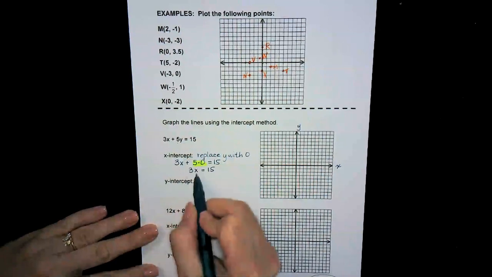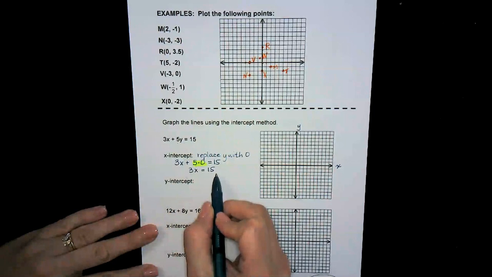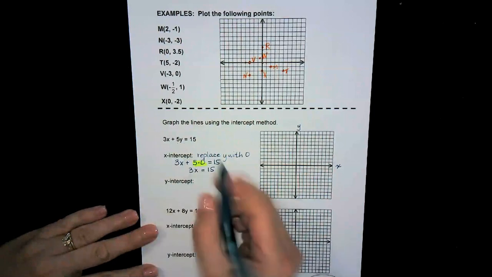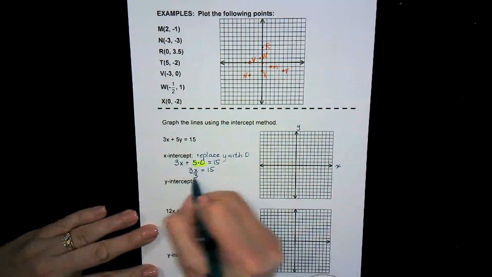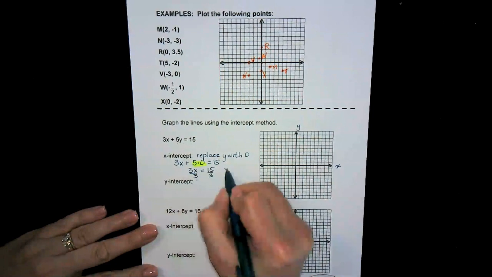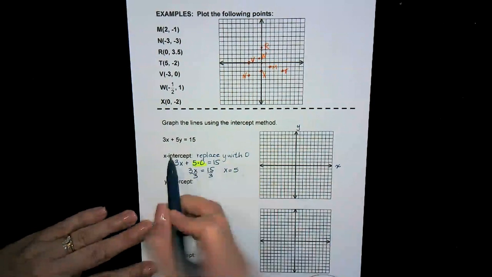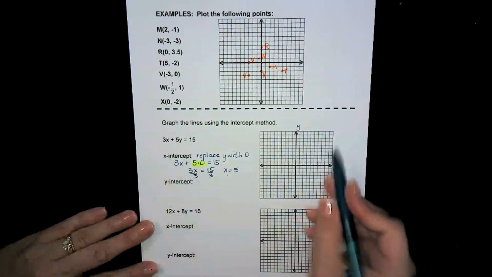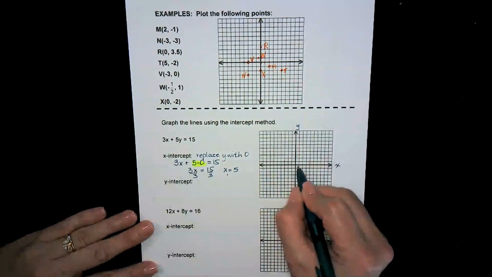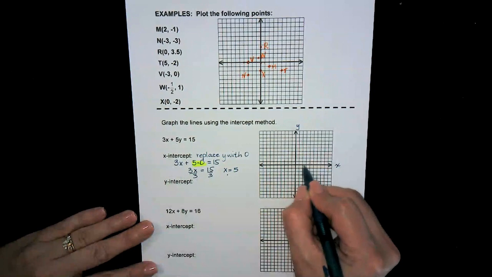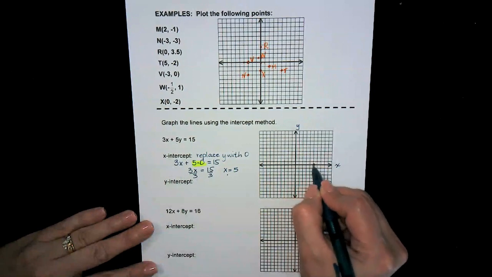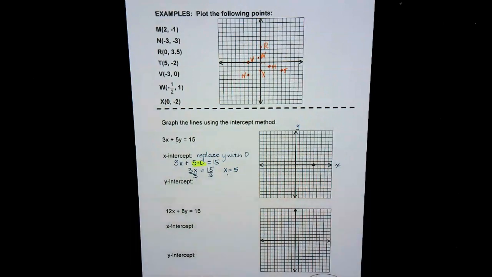So this is saying 3 times something gives me 15. Well, the something then, if I divide both sides by 3, I'll get that x is 5. That means that my x-intercept is at 5. That means this line will touch the x-axis at 5. 1, 2, 3, 4, 5. Right there. The line is going to touch the x-axis right there.